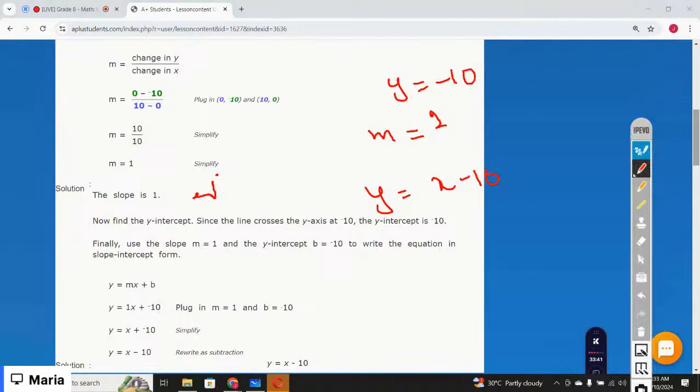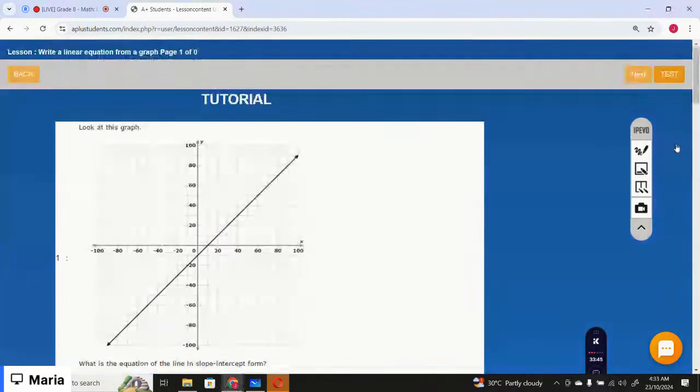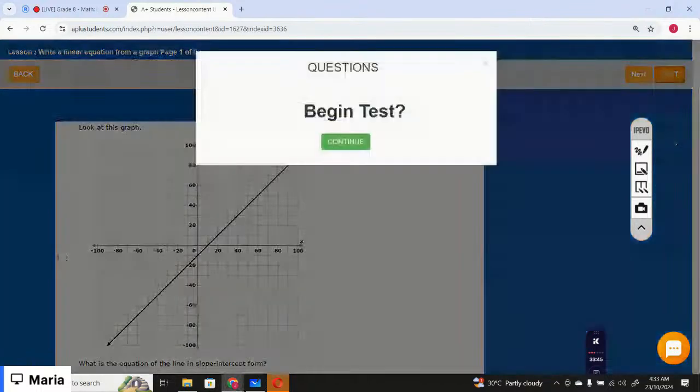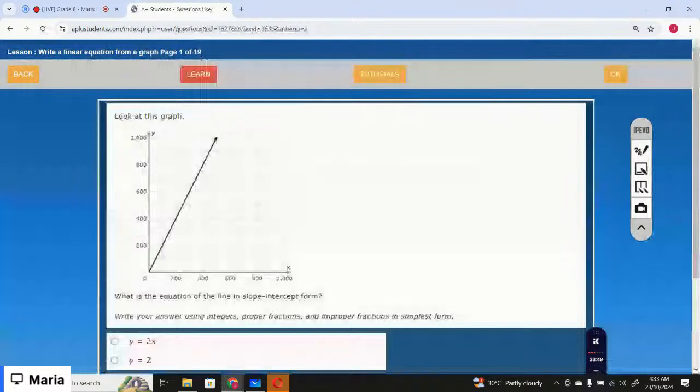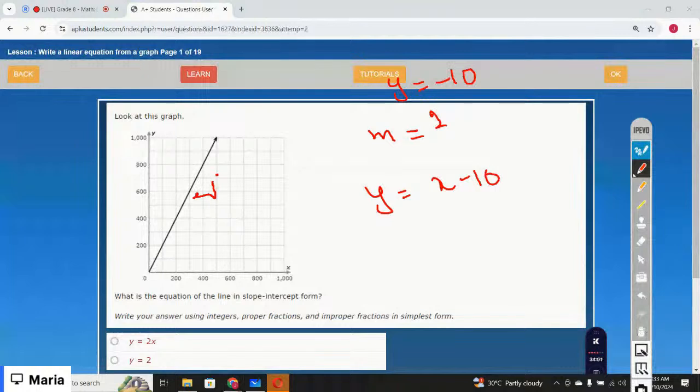Let's just start with the test questions. Look at this graph. What is the equation of the line in slope-intercept form? So y-intercept is 0, right? Because the graph is starting from the origin.